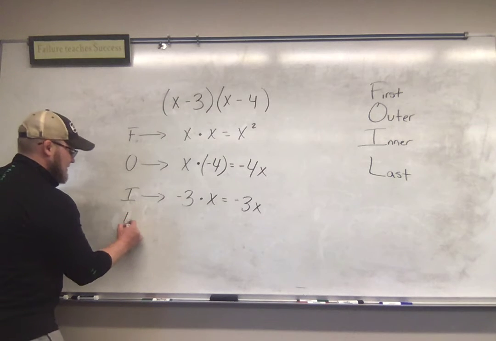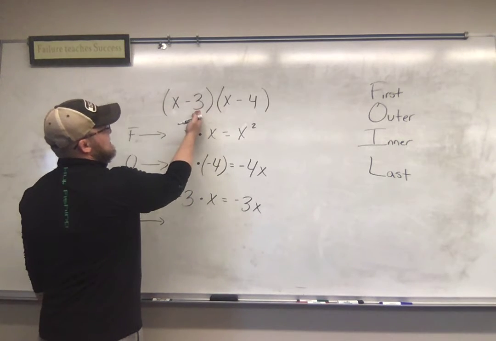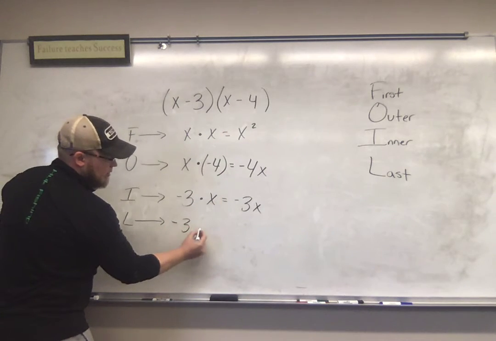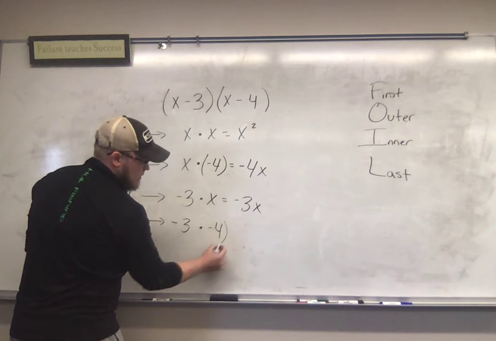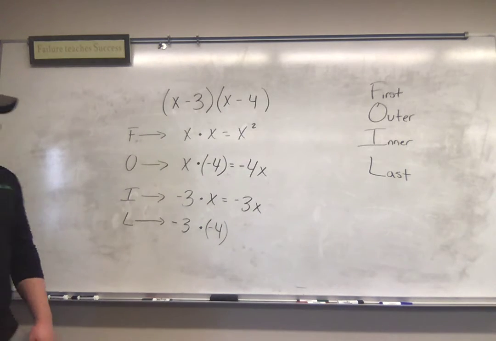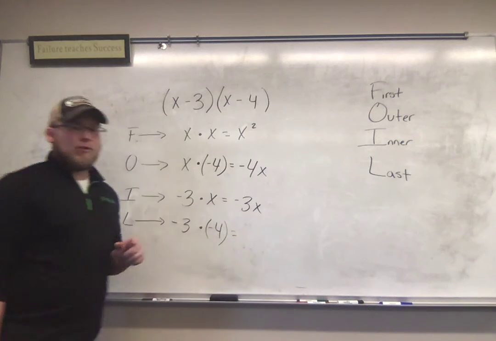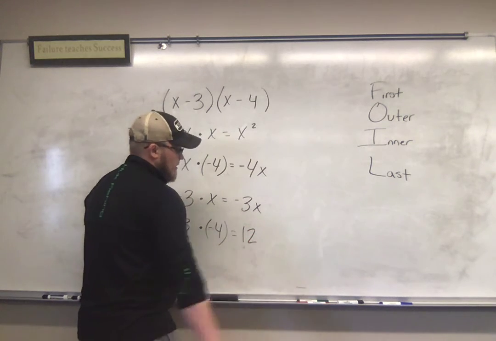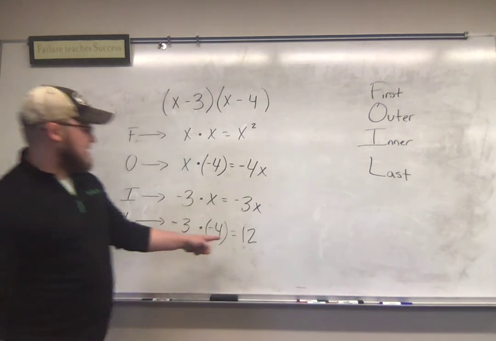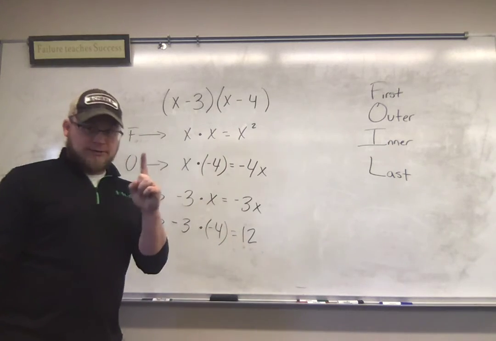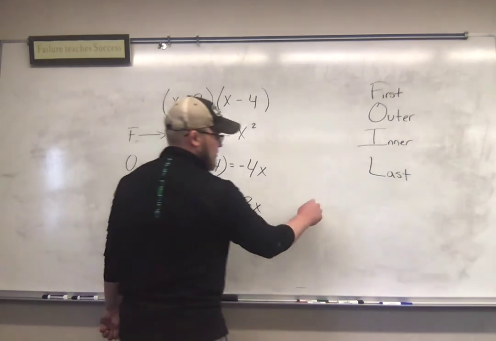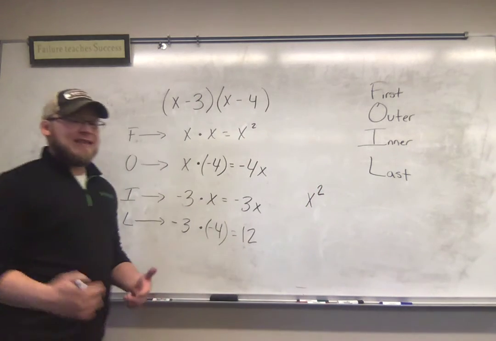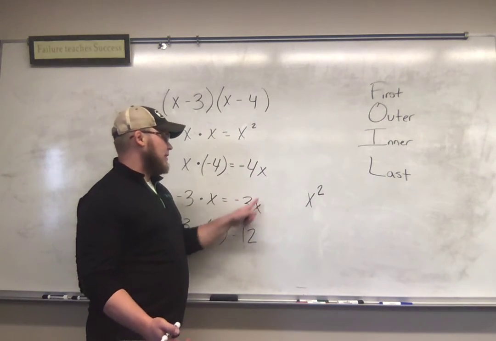And then the last numbers. The last number here is negative 3. The last number here is negative 4. So it's negative 3 times negative 4. And remember, when you already have two negatives in the problem, your answer then becomes positive. So it's actually going to be positive 12. And now we're going to combine these 4 answers to one answer. Again, you start with the exponents. So your first part is x squared. And then you are going to combine the like terms, which there's x's that you can combine.